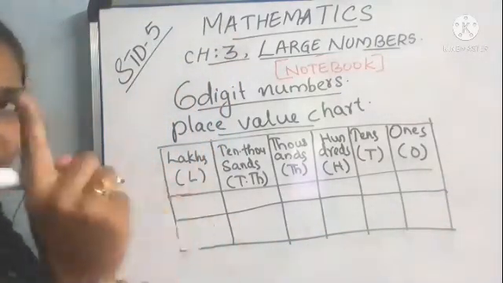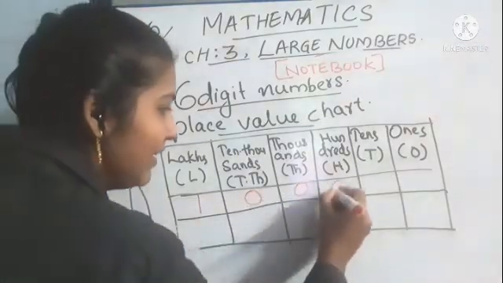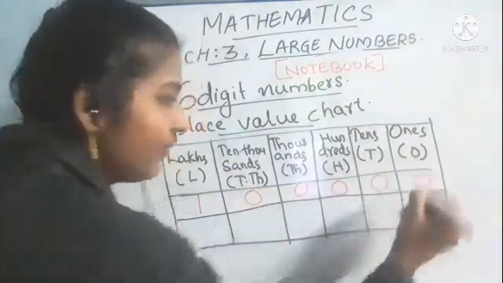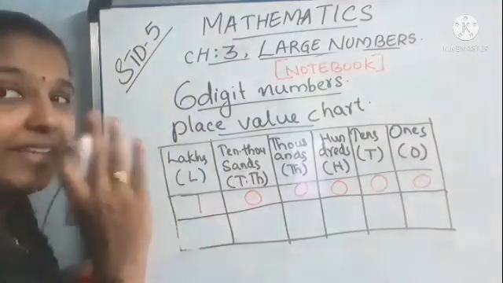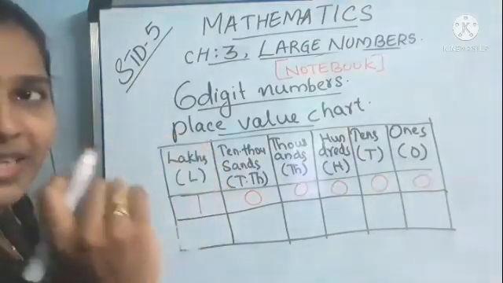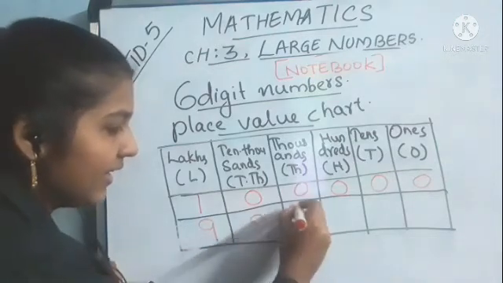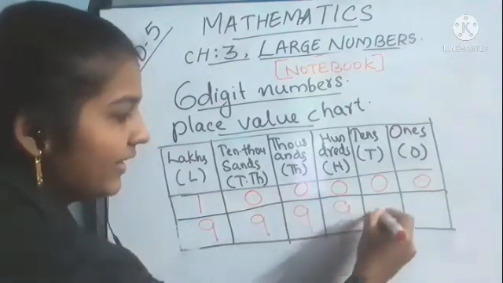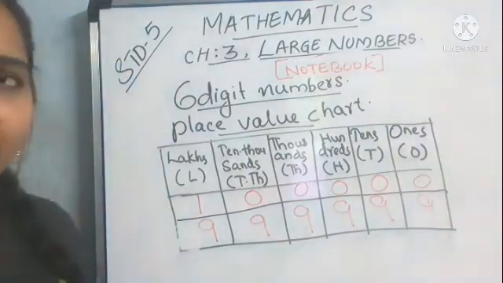So 1 will come in lakhs place, then all other places are having zeros. Okay, now the largest 6-digit number is 9,99,999. This is that number. Got it, children?